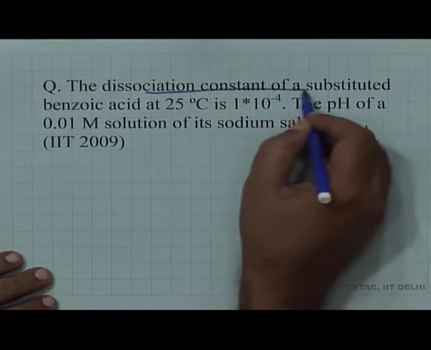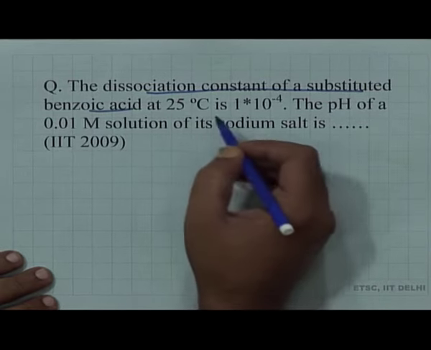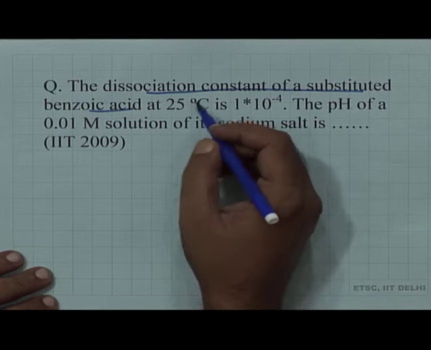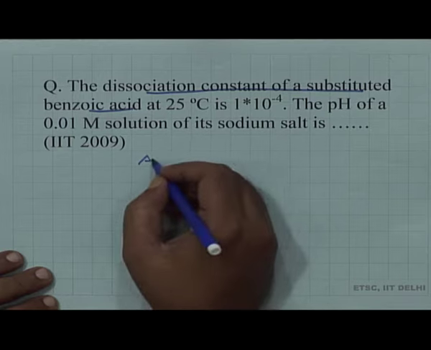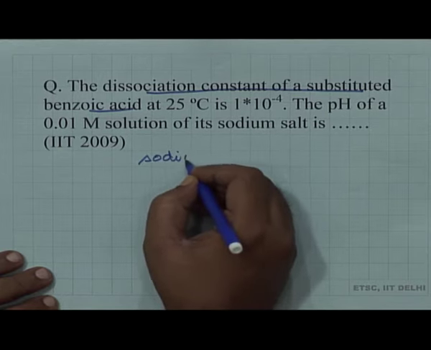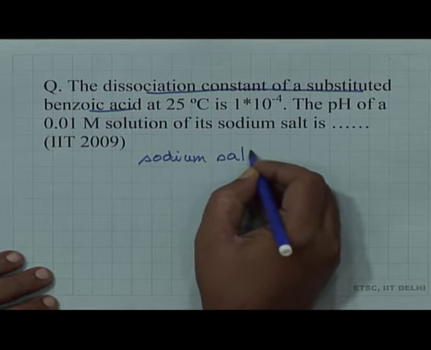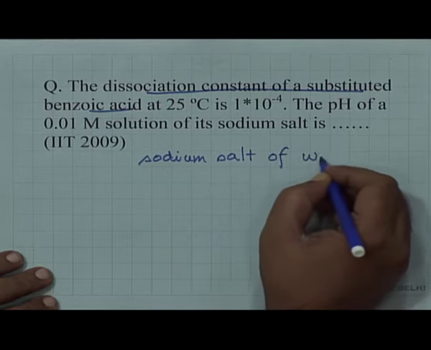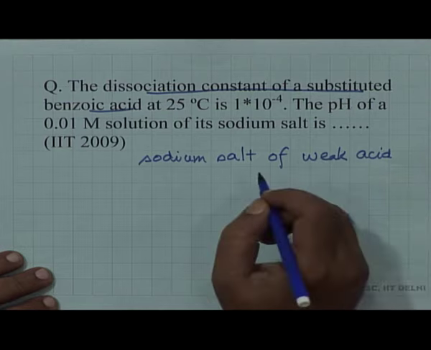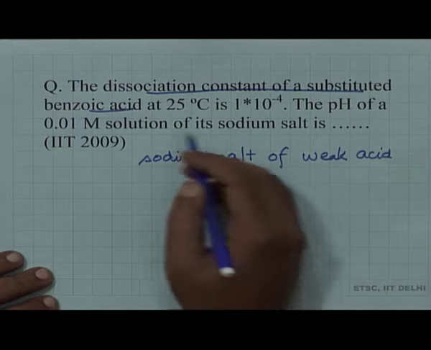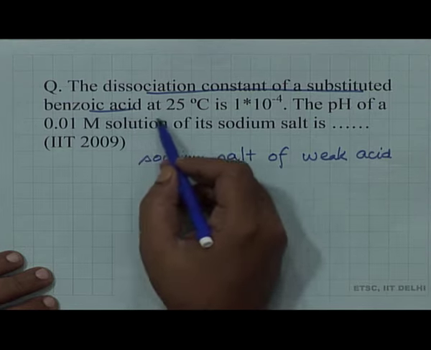Again, the dissociation constant of a substituted benzoic acid is given. It means that this is a salt. What we are dealing with is the sodium salt of a weak acid, and the weak acid here is substituted benzoic acid.